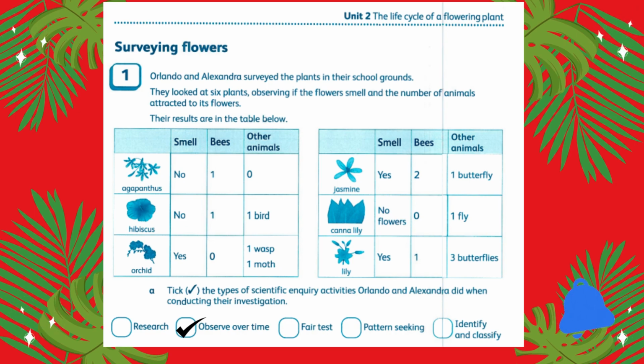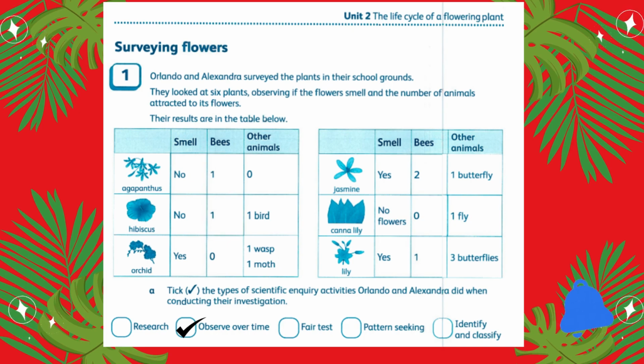Hibiscus, orchid, smell, yes. Bees, 110. Other animals, 0. Hibiscus, one wasp, and orchid, one wasp and one moth. And jasmine, canna lily, smell, yes. Canna lily, no flower. Lily, yes. Bees, 2, 0, 1. Other animals, 1 butterfly, 1 fly, 3 butterflies.